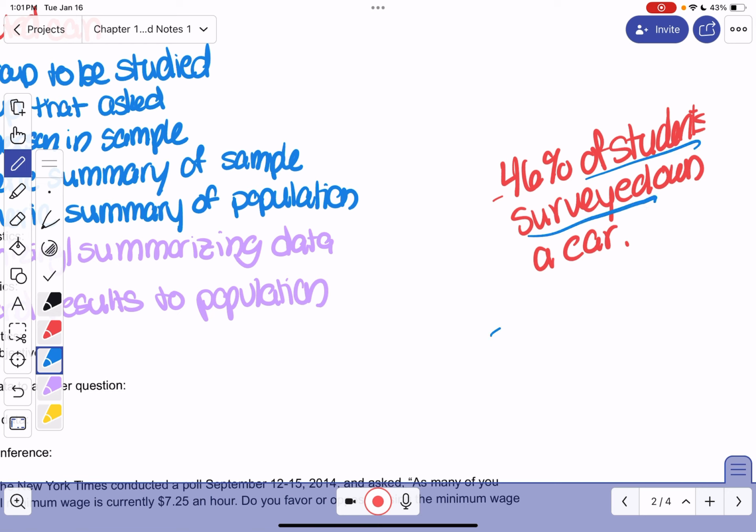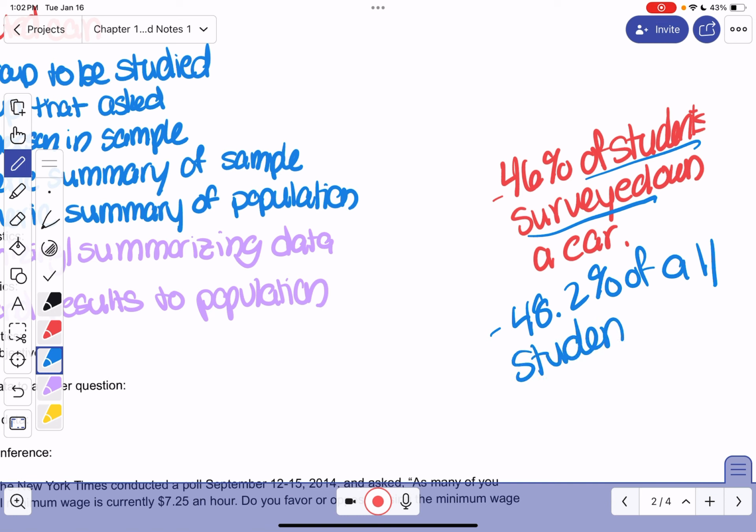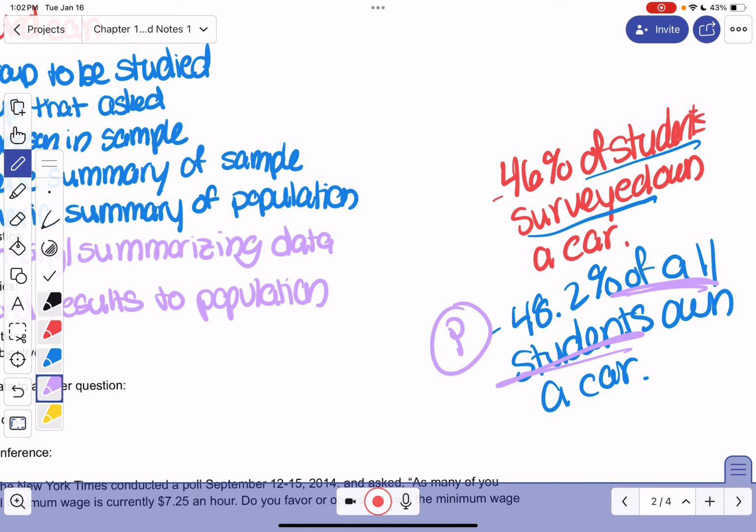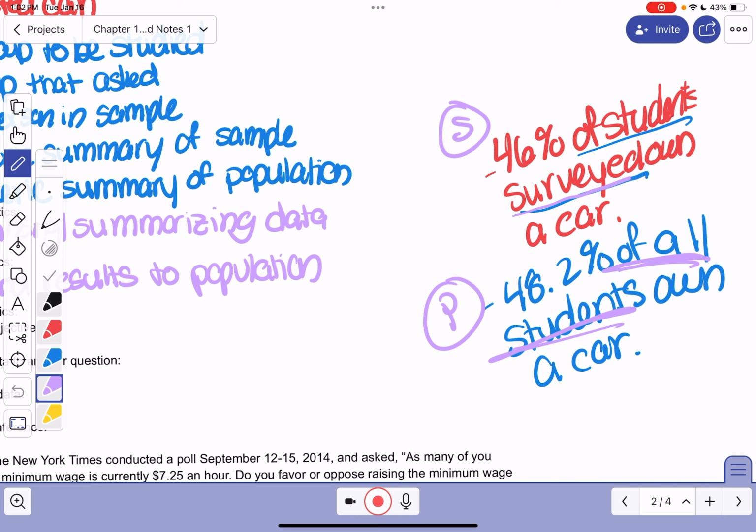If I then said, based on whatever, 48.2% of all students own a car, now I'm saying of all students out there, whether it's UMA or whatever my population is, I used some mathematical prediction and I'm estimating that percent of all students own a car. So that's going to be a parameter or an inferential statistic, whereas this is just a statistic or descriptive. The big thing to look at is if it says of all or of surveyed. That's really going to be the easiest way to tell.